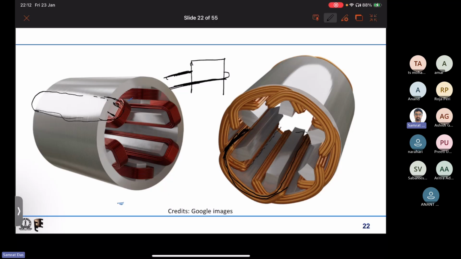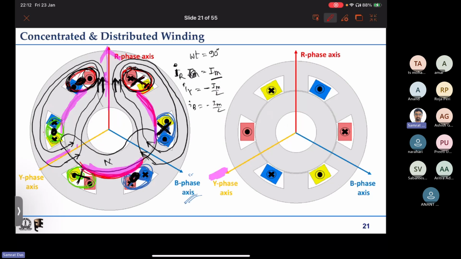Right side it enters as a cross, and then left side it comes as a dot, correct? Yes, if the current direction is like this, then here it goes as a cross, and here it comes as a dot. So this is what we represented here, right?